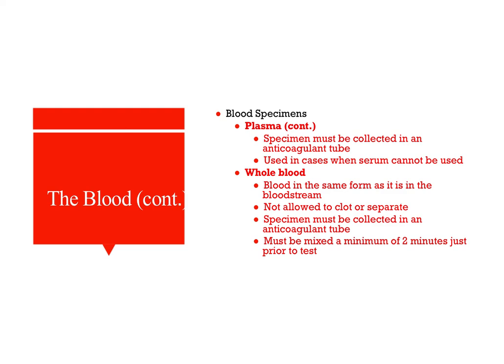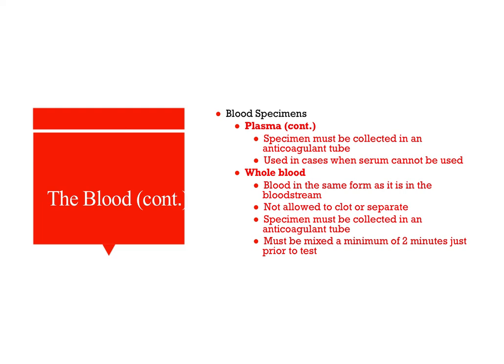So if we need to test to see what the blood is doing and what it's looking like as a whole, we would need a whole blood sample. For example, whole blood is needed for a complete blood count, because we are running that blood through the machine, and it's like passing through a camera on the vein, counting all the cells as they go through. Okay?